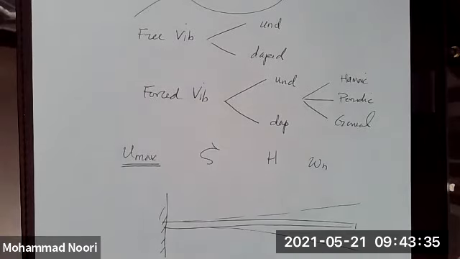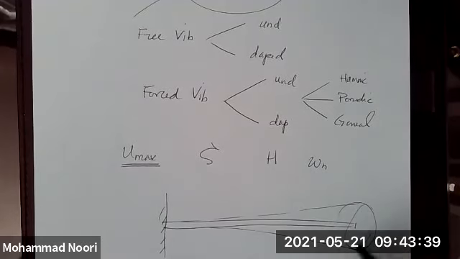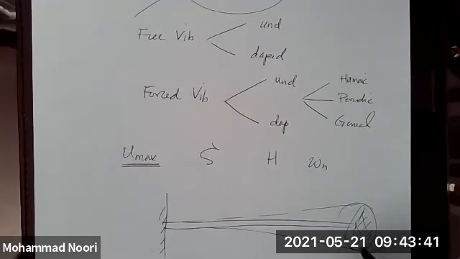So you assume that the entire mass that is moving this system is lumped at a single point, and it is the motion of that mass that is representing the motion of this vibratory system.